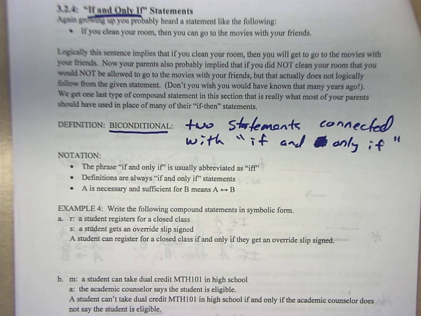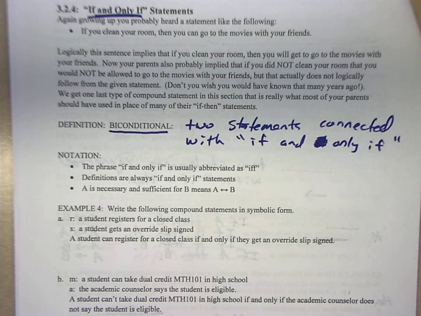That's the only way you'd be upset. So that's actually the only time that statement is false. Versus, let's say you don't clean your room anyway, but then your parents decide, oh, you know what, you can go. You're not going to be upset by that, right? And so that's the difference between an if-then and an if and only if.